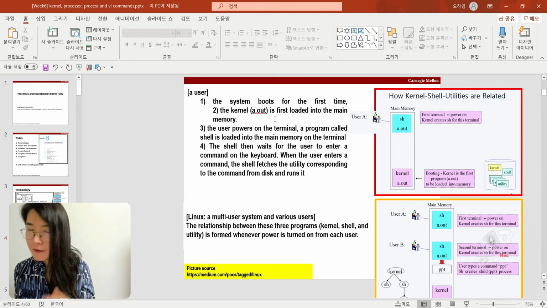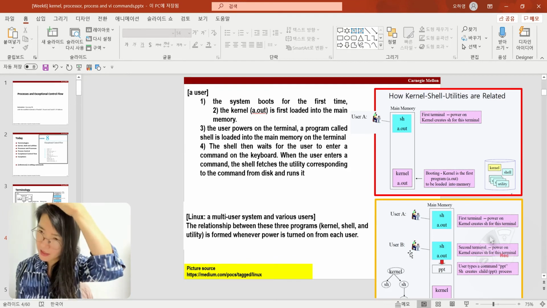So before talking about each English sentence, please compare the two figures on the right side. In the right top figure, there are main memory and only one user, right? User A. However, in the bottom figure, there are two users, all right? So at that time, how can the kernel control each person independently?